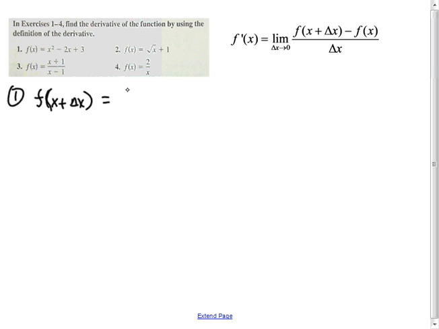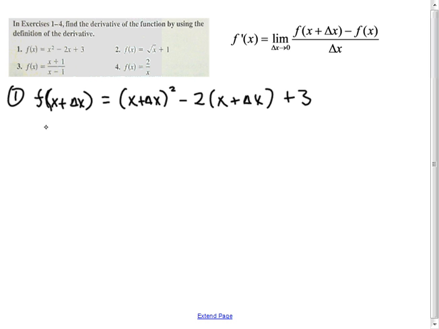So f of x plus delta x will be x plus delta x squared minus 2 times x plus delta x, and then plus 3. So you can see this function is just like it was before, except everywhere we see x, it's been replaced with x plus delta x. And of course, f of x is just the function as it is.